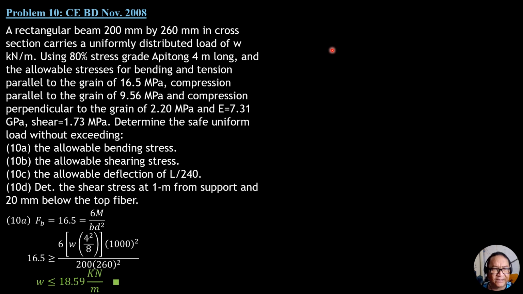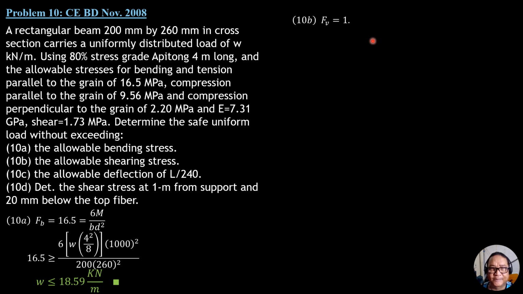Then for part B, the safe uniform load without exceeding the shearing stress. So without exceeding the shearing stress, shear stress formula for rectangular section, the maximum shear stress is 3 times maximum shear V over 2BD.